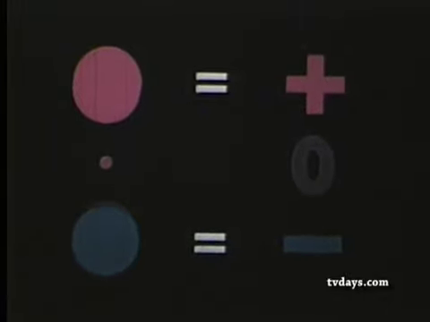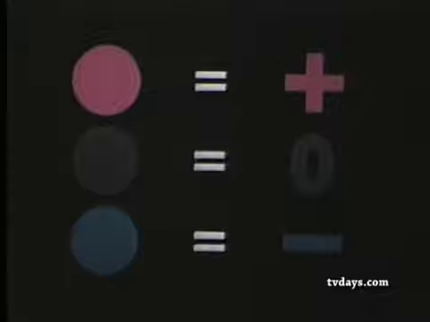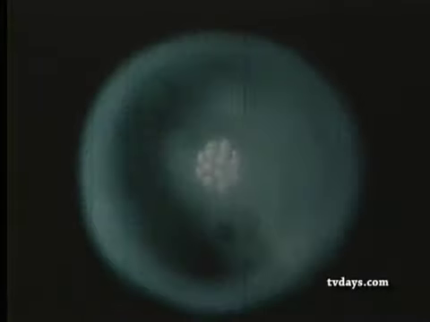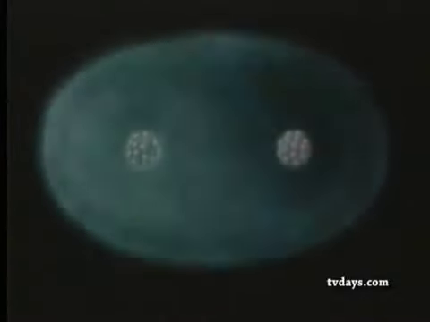Then an object that is in electrical balance will be purple, an equal part of each of the positive and negative charges. We have been concerned so far with the electrons within individual atoms. Now let's see what happens when two or more neutral atoms come together.